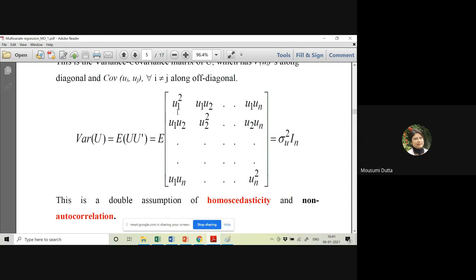Okay, so if this is fine, now we will operate expectation on each of the terms in the matrix. So it will be expectation of u1 square, expectation of u1 u2, up to expectation of u1 un, and similarly for the second row, and finally for the last row.